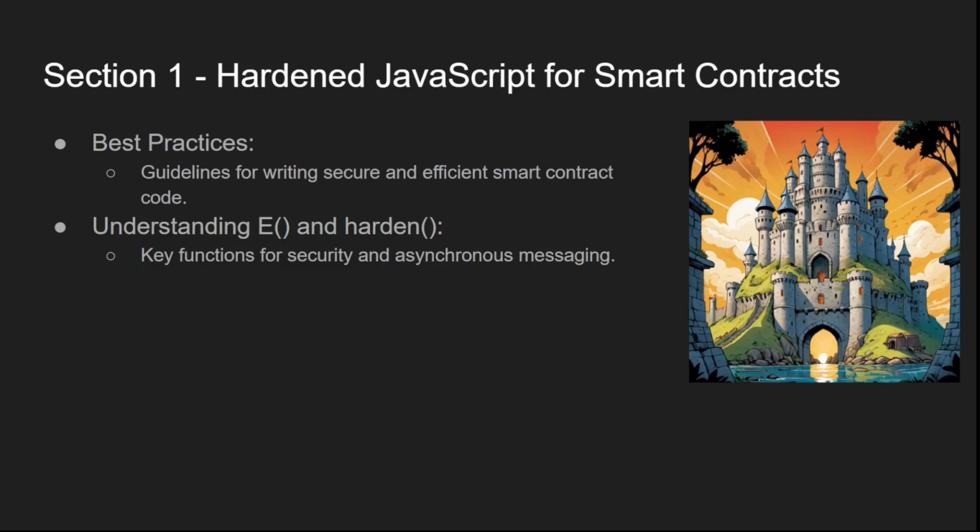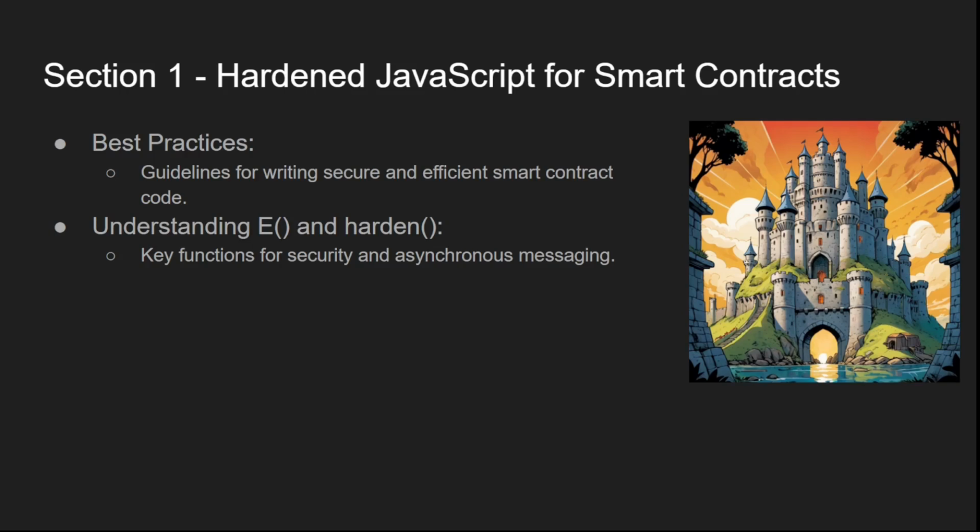Our first section focuses on hardened JavaScript, which is crucial for developing secure and efficient smart contracts on the Agoric platform. Let's break down the key components of this section. Writing secure and efficient smart contract code in JavaScript involves adhering to a set of best practices.